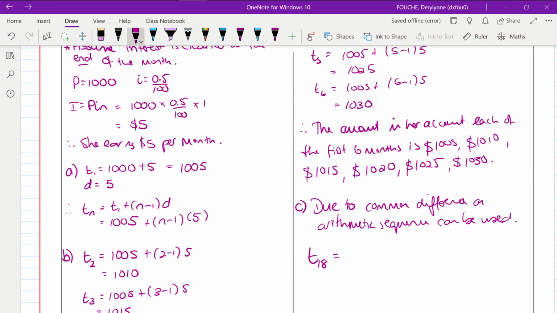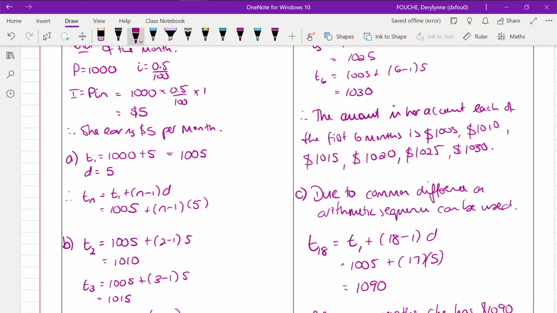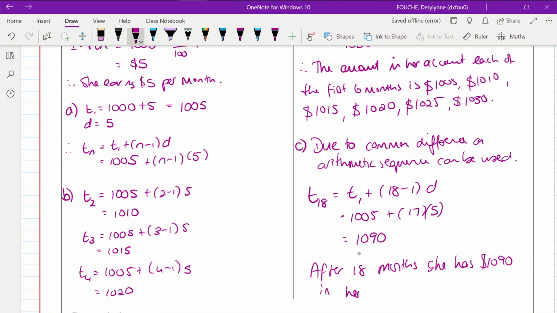So T18 is going to be T1 plus 18 minus 1 times D. So that'll be 1,005 plus 17 times 5, and that happens to be 1,090. So after 18 months, she has $1,090 in her account.